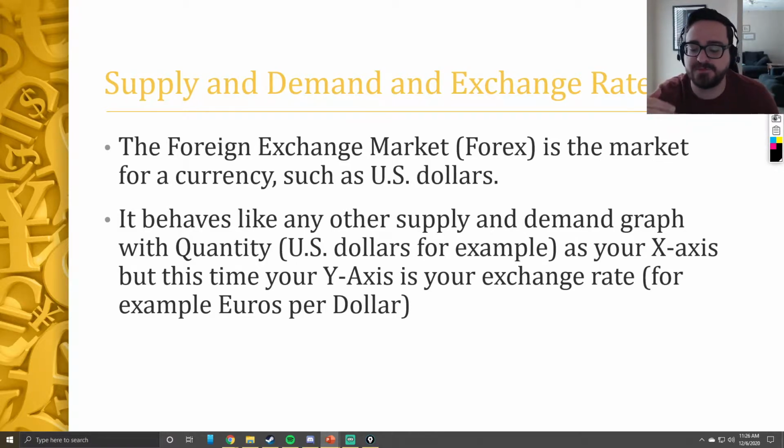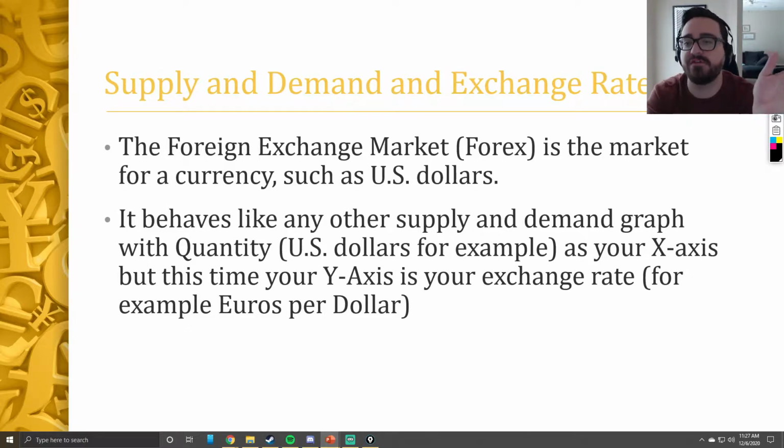If we're talking about the Forex market for pesos, it'd be quantity of pesos. If we're talking about the Forex market for the dirham, which is the UAE's currency, it'd be quantity of dirham. So you use whatever currency we're talking about for the quantity, and the y-axis is the price of the currency, which will be an exchange rate. Because again, the exchange rate is the price of your currency in terms of another currency.